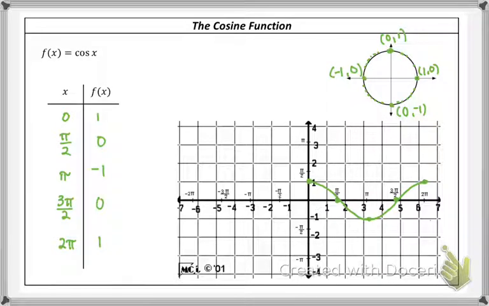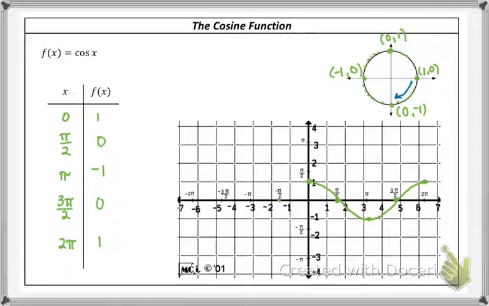And then I can also do negatives, right? If I rotate my angle negative pi over 2, so I'm going to go clockwise pi over 2, my x-coordinate is going to be at 0.